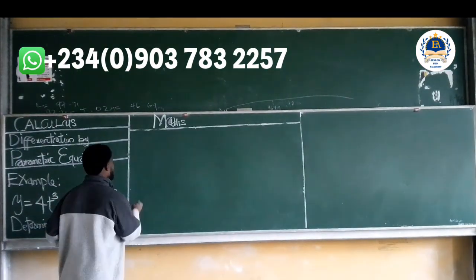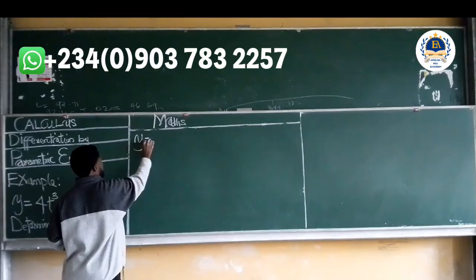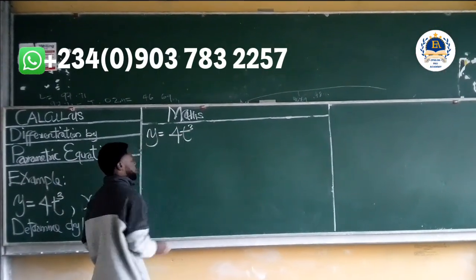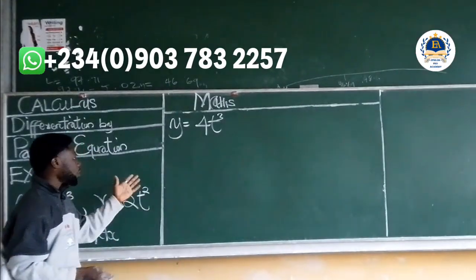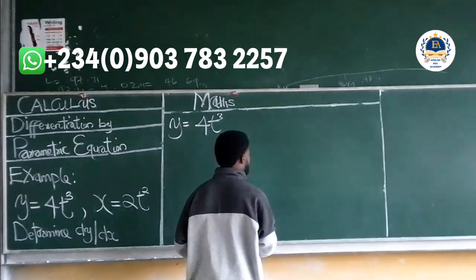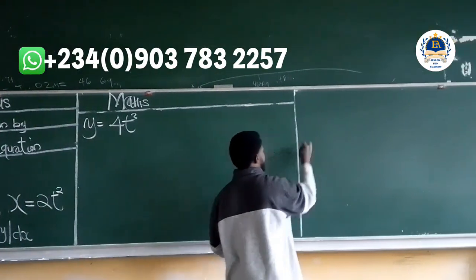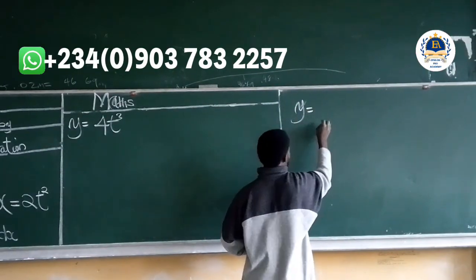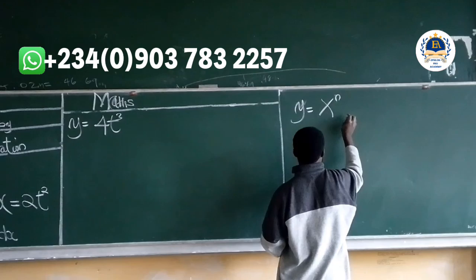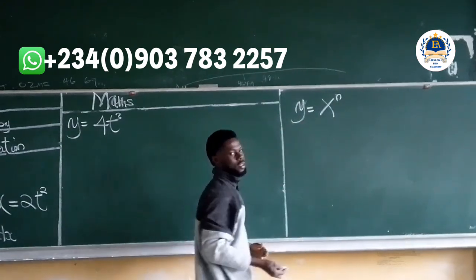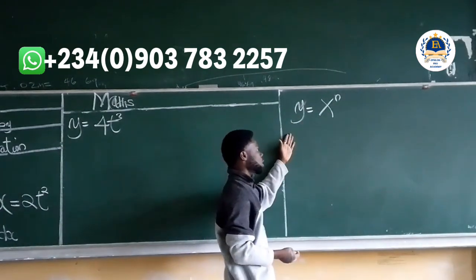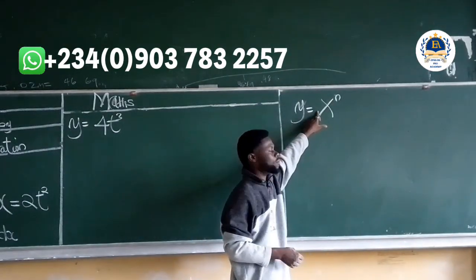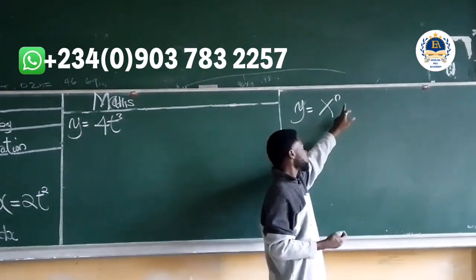From the first one, y is equal to 4t raised to the power of 3. So dy over dx is equal to, using this general formula, if y is equal to x raised to the power of n or ax raised to the power of n, the derivation of y with respect to x is going to be: use this to multiply whatever we have here, then subtract 1 from it.